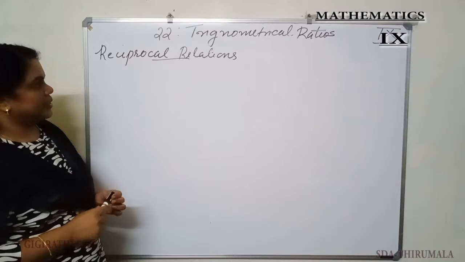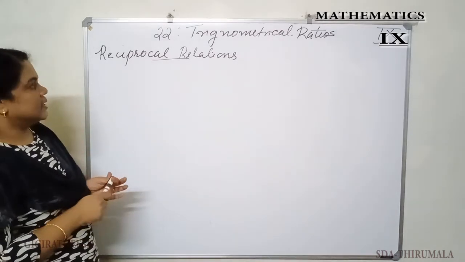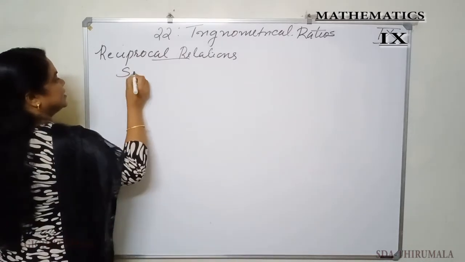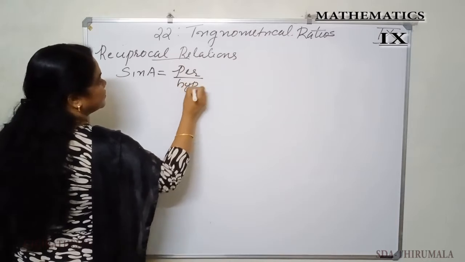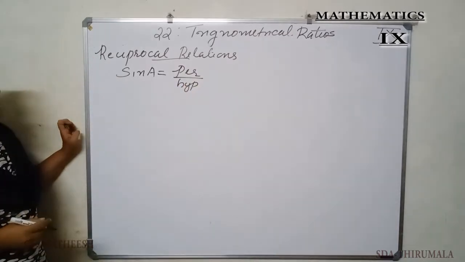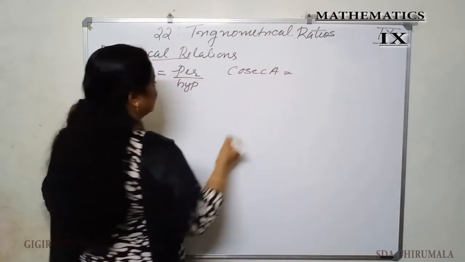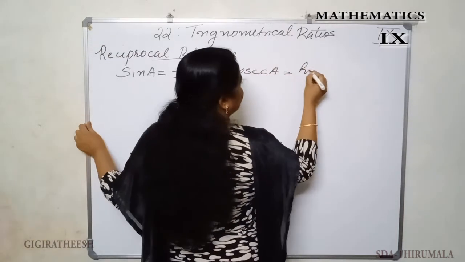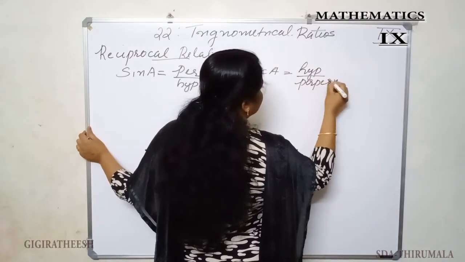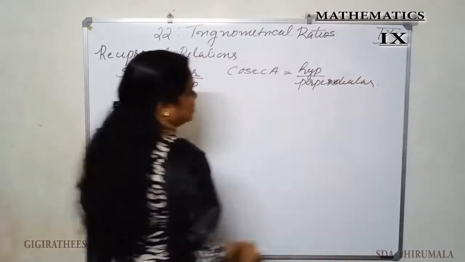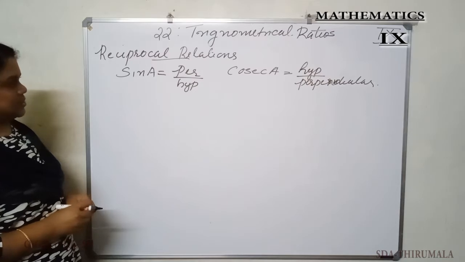Next is reciprocal relations. What are the reciprocal relations of trigonometric ratios? First of all, sin A is equal to perpendicular by hypotenuse, and cosec A is equal to hypotenuse by perpendicular. I already spoke about the reciprocals of the last 3 ratios.